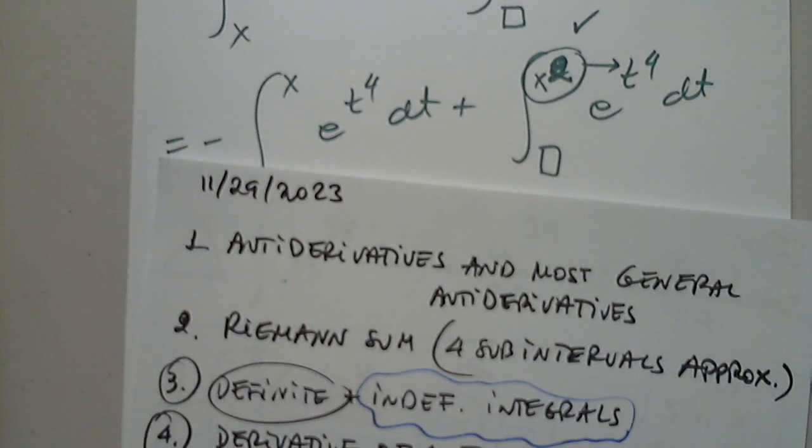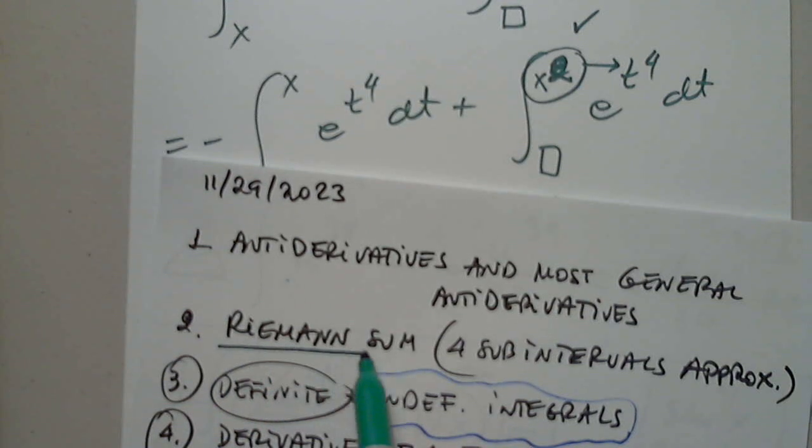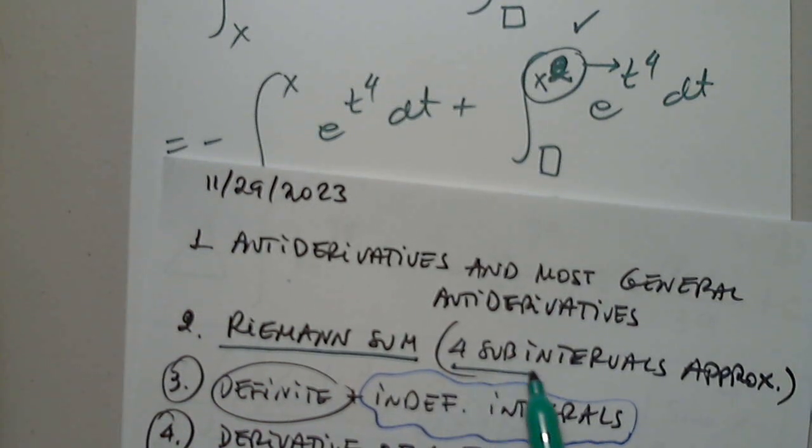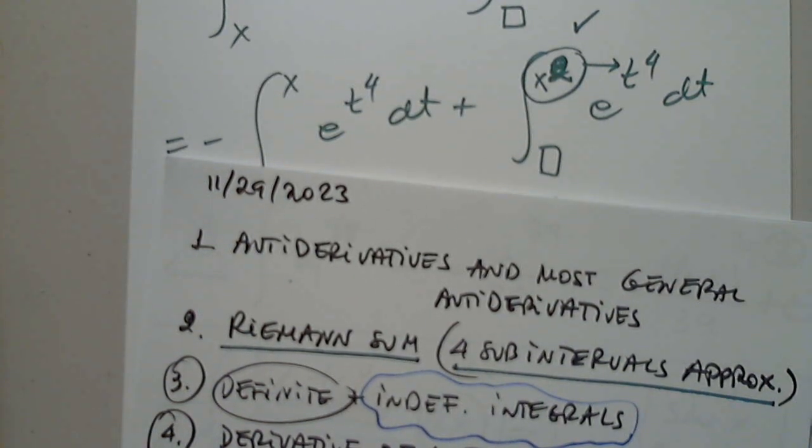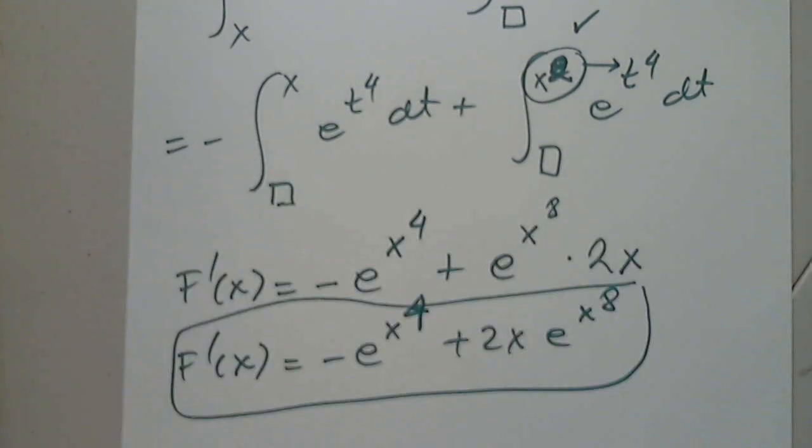So I would like us to review now the Riemann sum and an approximation with 4 subintervals. Did you enter this? Is it okay moving on? Yeah, that's good. Okay, moving on. Would you like to choose a function and an interval? Hold on, I'm sorry. Mine's not good.